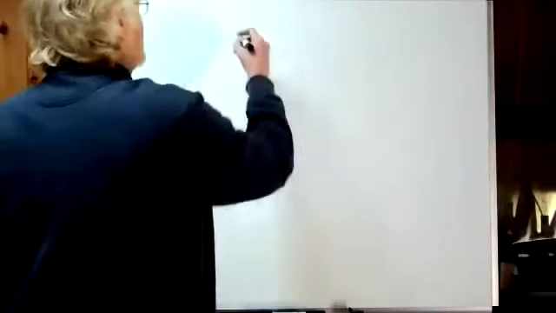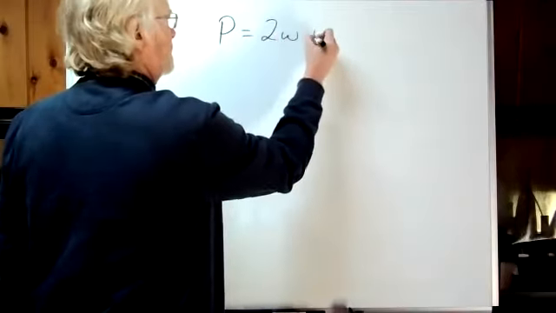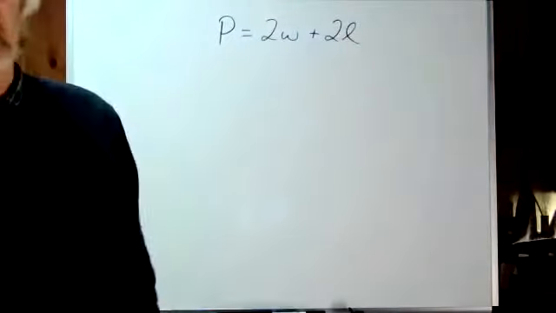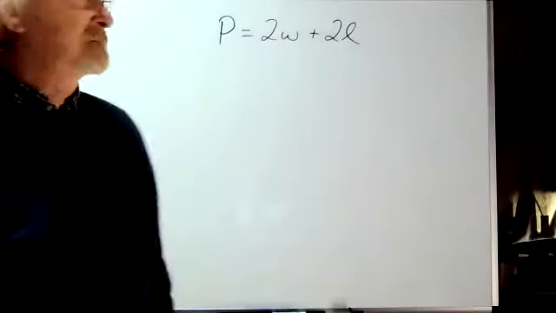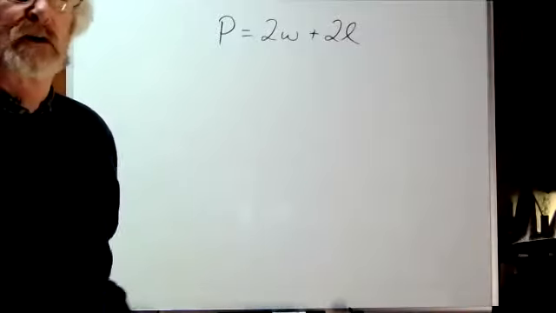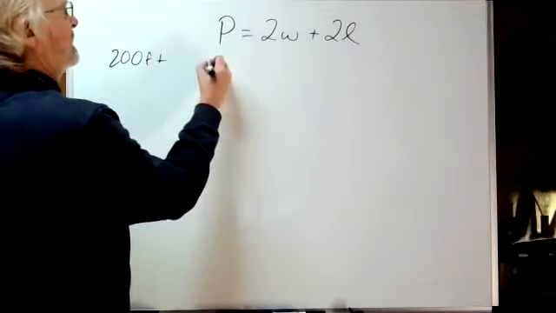We actually did this a while back. Remember our perimeter equation for a rectangle, twice the width plus twice the length. And maybe we got a problem that said we know the total perimeter was 200 feet.